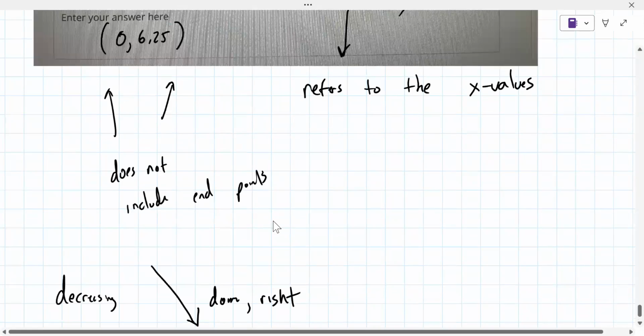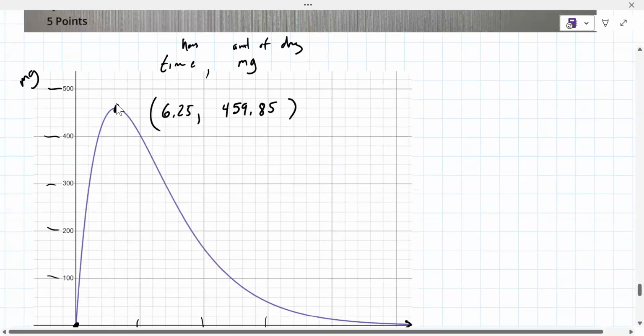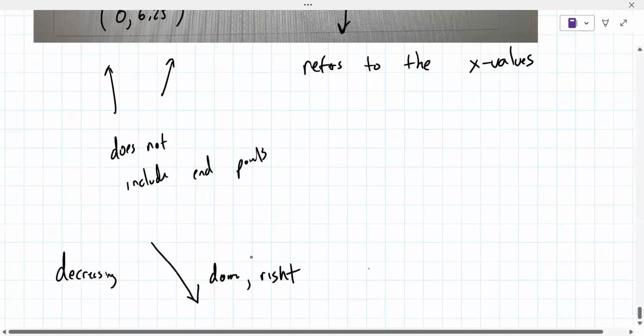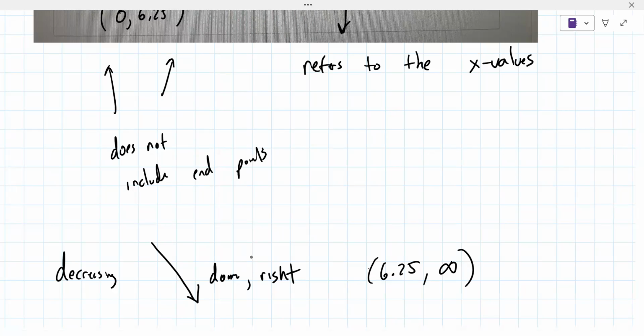So that's everywhere over here. It's decreasing all the way over here. It's going down and to the right everywhere over here, even where it's flattening out, it's still going down and to the right. So that's 6.25 to infinity. Okay, that's it for that.